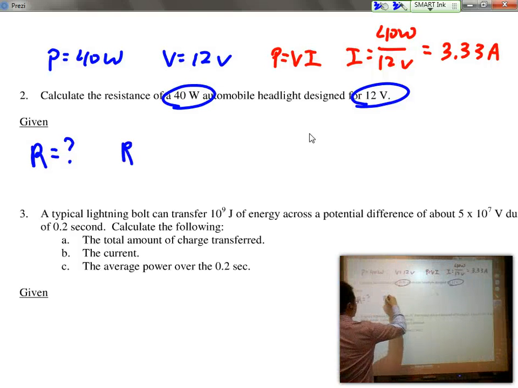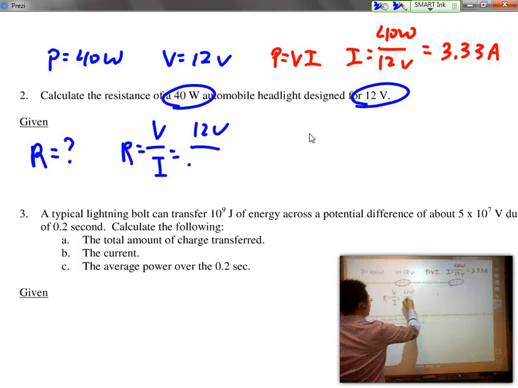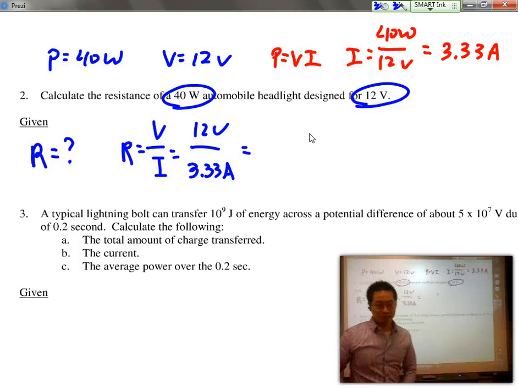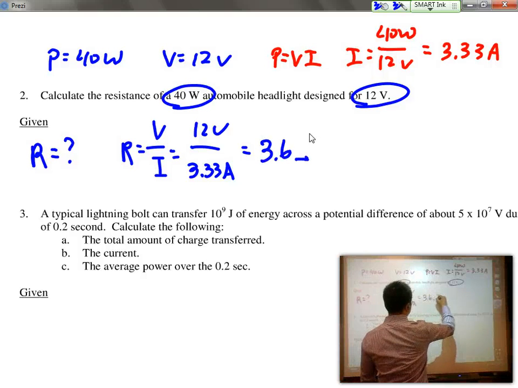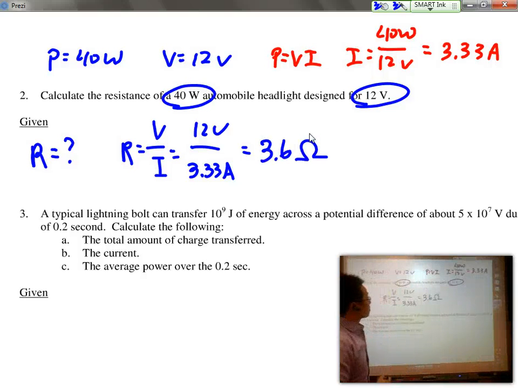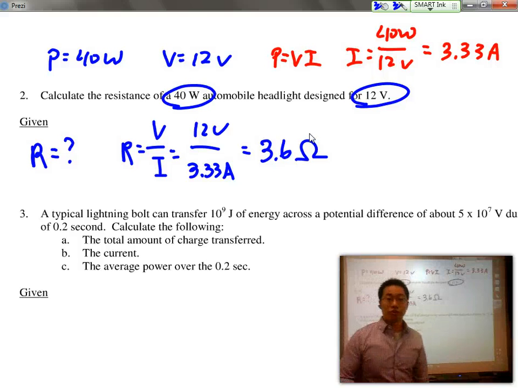R is simply equal to V over I, which is then equal to 12 volts divided by 3.33 amps, which would be equal to 3.6 ohms. Okay, so that's just using our two separate formulas that we've learned for this unit so far.